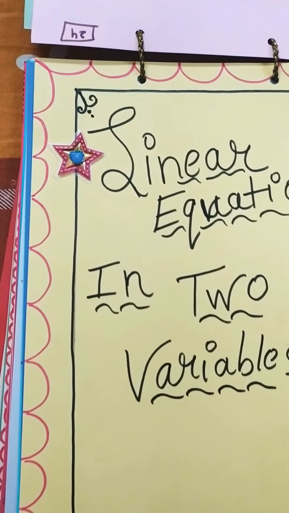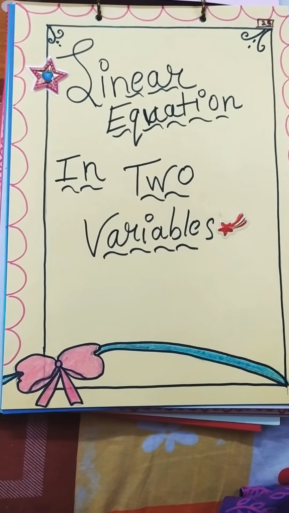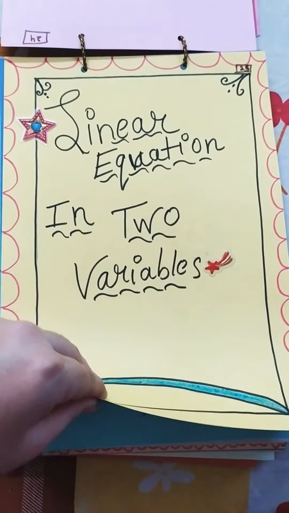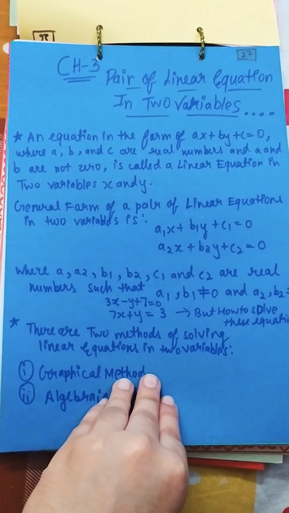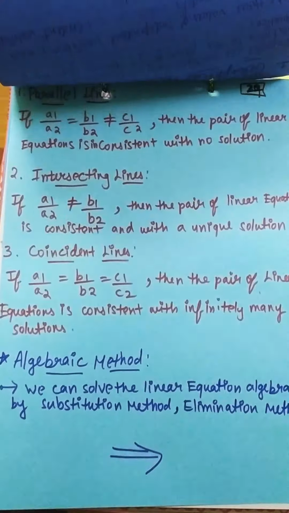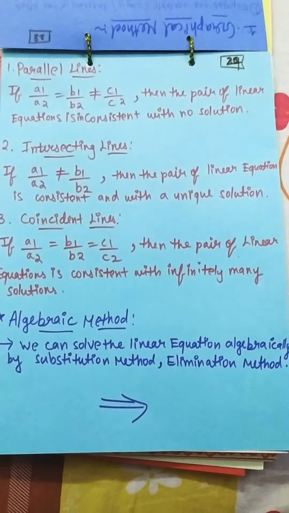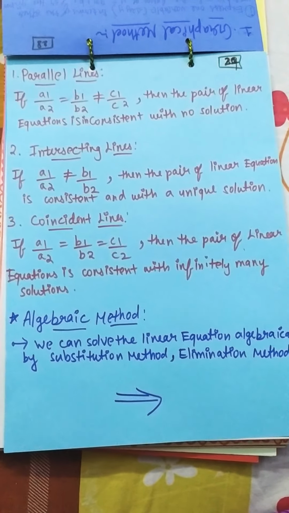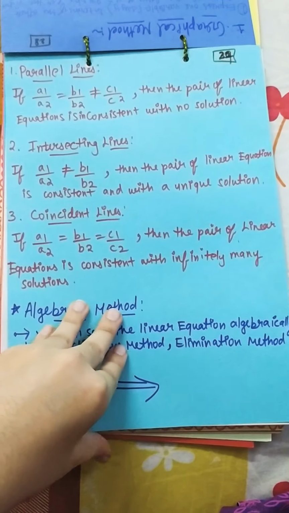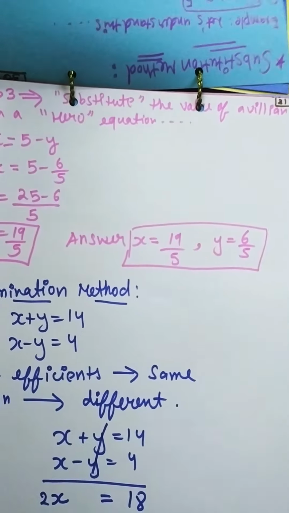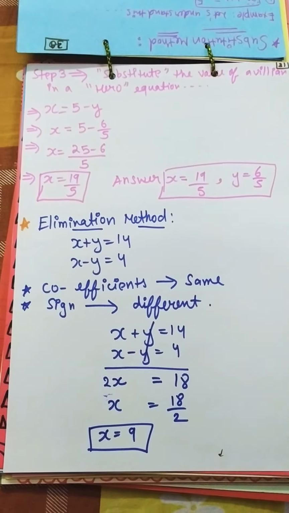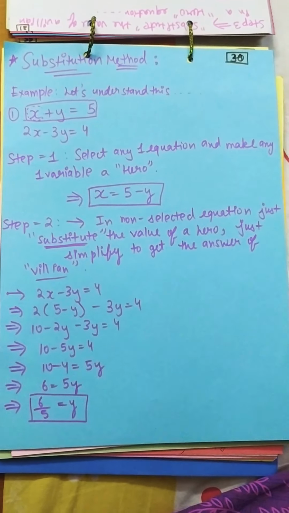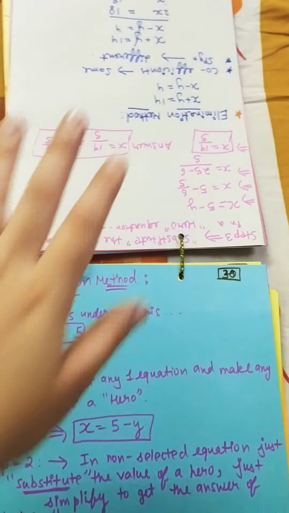So this is the cover page. It is the substitution method, and then in this page it's the elimination method.